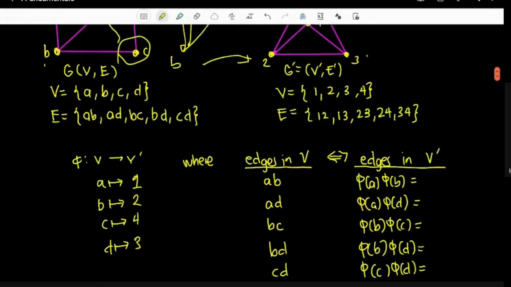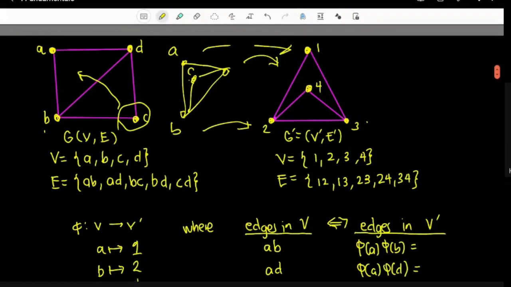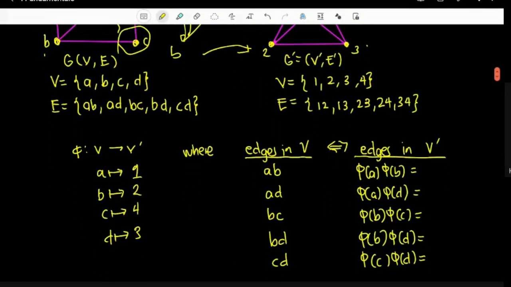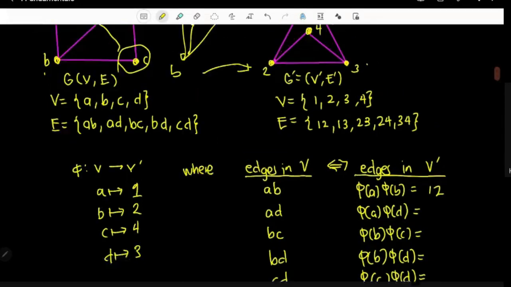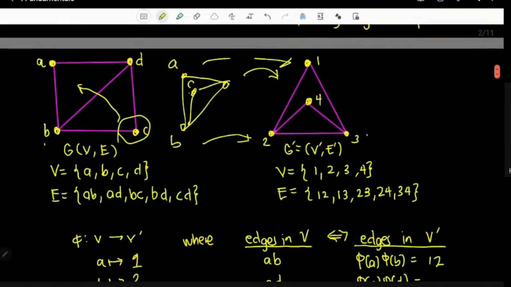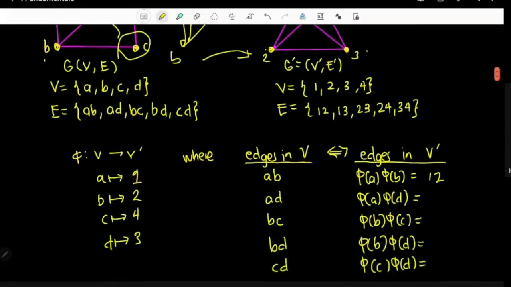Ang mga edges sa V ay AB, AD, BD, BC, saka CD. So, ito lahat yan. So, anong image ng AB? Ang image ng A ay 1, ang image ng B ay 2. So, ang image niya should be 1, 2. Let's check, is 1, 2 an edge? Ito yung 1, 2. So, okay tayo sa 1, 2.